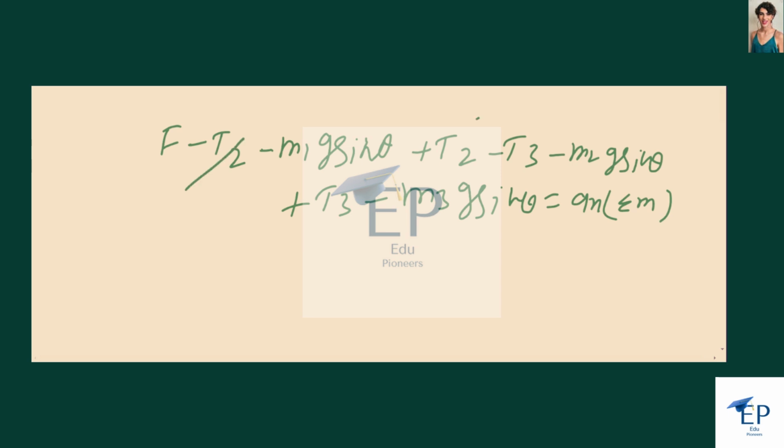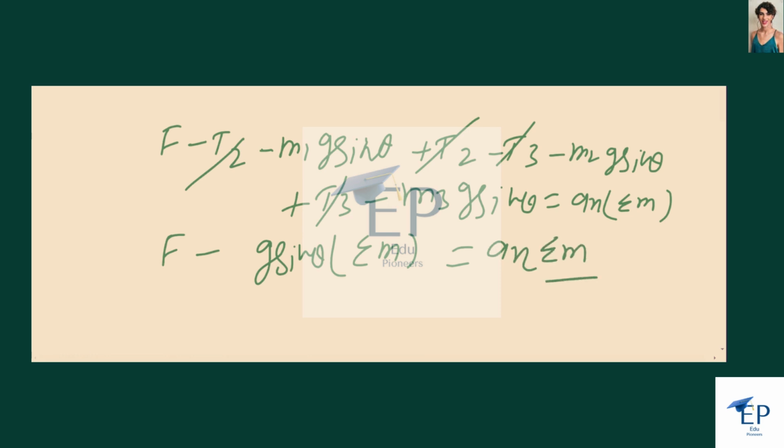So T2 and T3 get cancelled. So F minus M1 g sin theta, M2 g sin theta, and M3 g sin theta will remain. Or let's say g sin theta comes out, sigma M, which is M1 plus M2 plus M3, equals AX into sigma M.